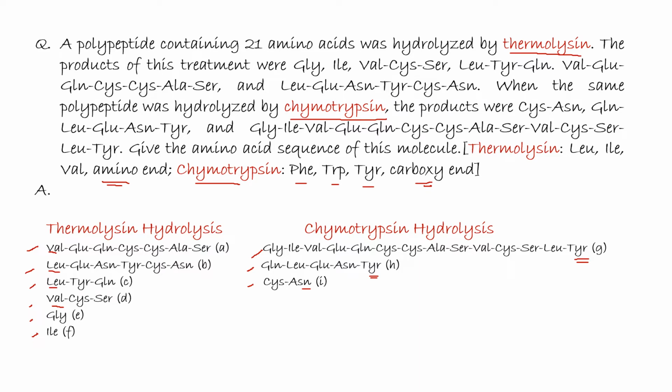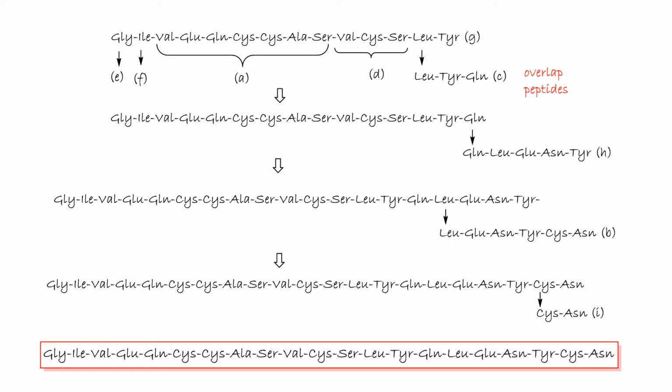Well, how to solve this puzzle? We select the largest peptide sequence, which is G. Okay. Now, when we look for the first series, we find here glycine, isoleucine.